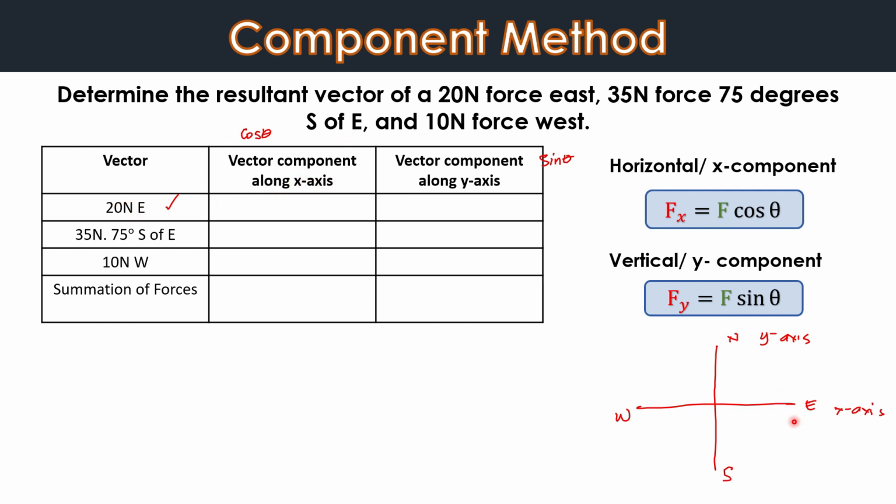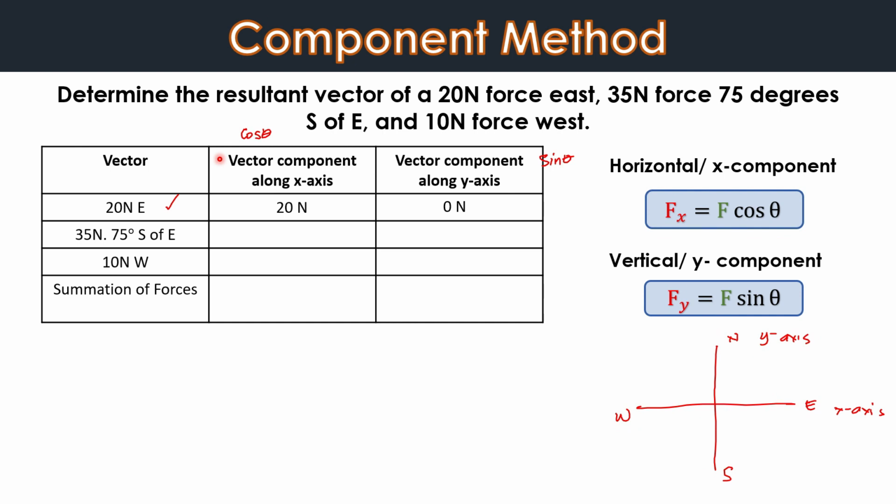Kung papansinin din natin siya dito sa may Cartesian plane, dito natin siya ngayon ilalagay sa x component, sa horizontal component. Sa may y, well, wala tayong lalagay kasi wala siyang pang y component. So therefore, ang ating x component ay 20 newtons, yung y component 0.